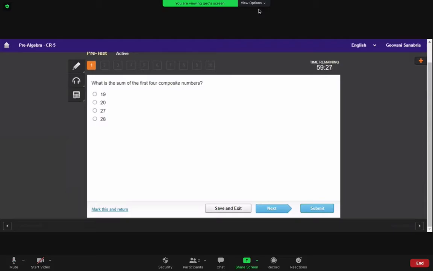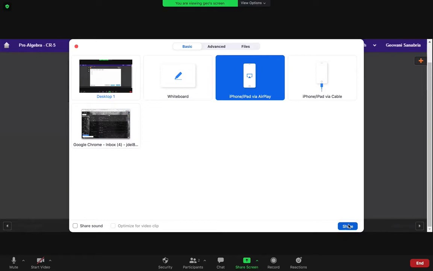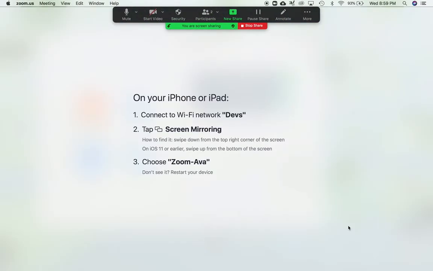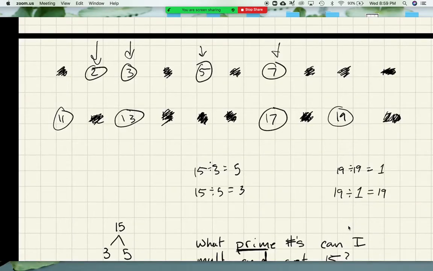Here, let me share. Okay. So I'm not actually sure if 1 is composite or not.